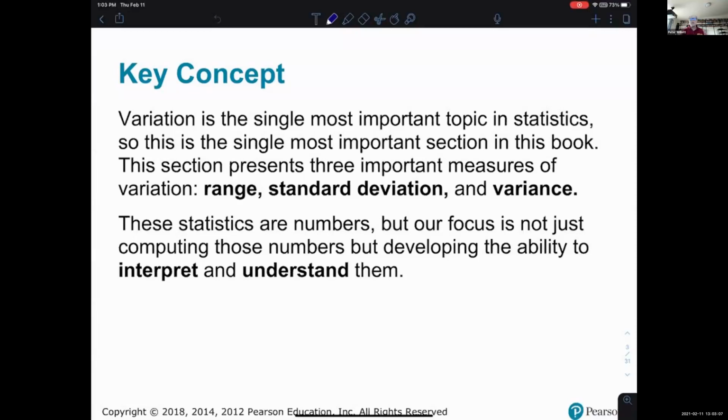Now, that doesn't mean that I want you to never look at those at all, because you do need to have at least an understanding of the notation so that when they reference things using that notation, you know what they're talking about. But our shared time together is best spent immediately thinking about the harder part of understanding the material, which is what they're saying is the interpreting and understanding of these statistical numbers that we get.